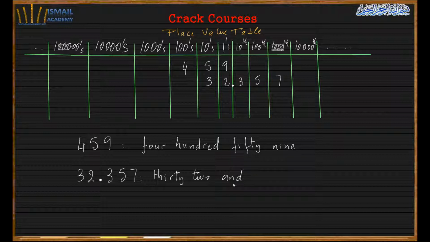and so now this is the integral part, so we'll start with the fractional part. Like I said, how you read it, you write it down. So 357, but we always add the quantity of the last digit, so thousandths.